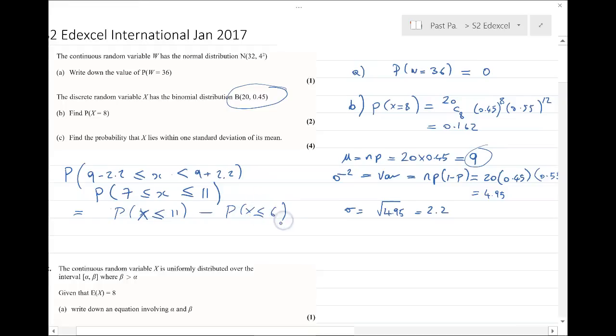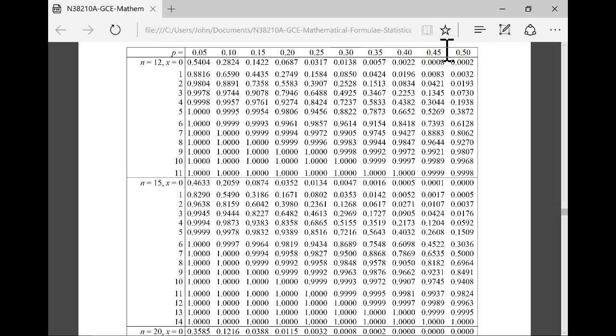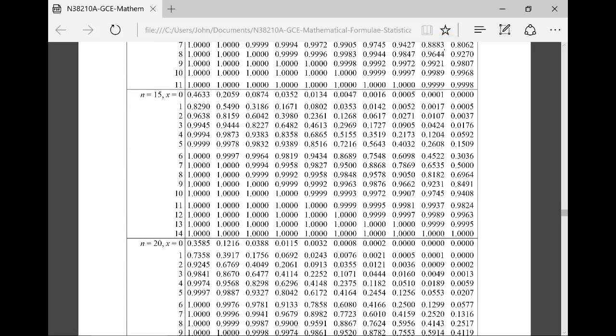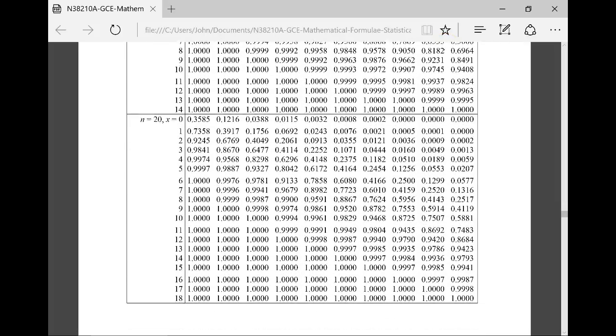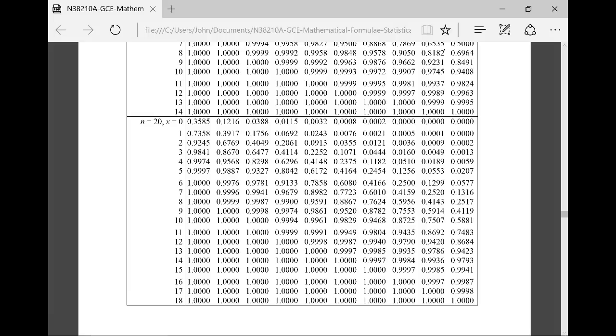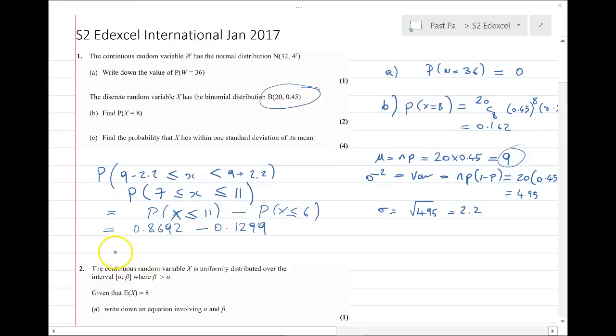So now let's look for these numbers on the table. Here's the tables, 0.45 is the second to last column. We want 20. For 11, that's 0.8692. Take away the 6, which is 0.1299. So that comes to 0.7393.